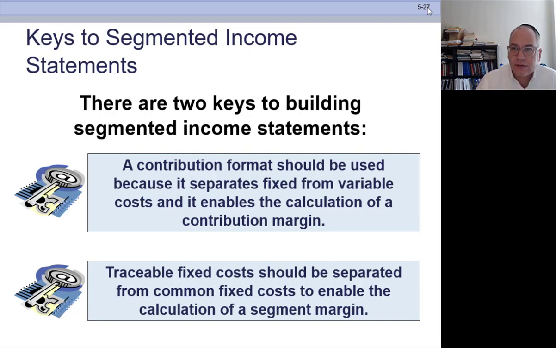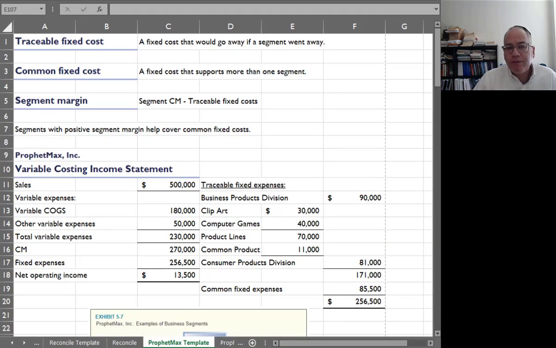In other words, a traceable fixed cost is a fixed cost that would go away if the segment went away. A common fixed cost would be a fixed cost that supports multiple segments. In other words, this fixed cost is related to 2 or 3 or 5 segments, and if one segment goes away, the common fixed cost is going to still be there.